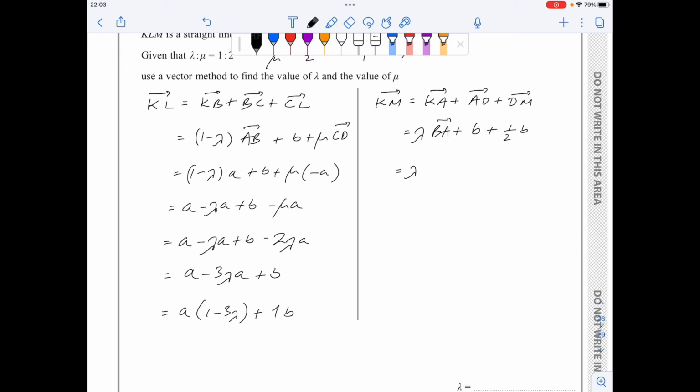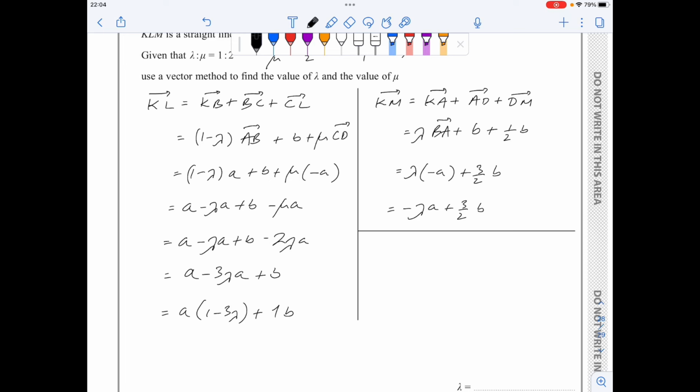So this is equal to lambda times BA, now AB in the reverse direction, so it's minus a plus 3 over 2 b, and if I simplify, minus lambda a plus 3 over 2 b.